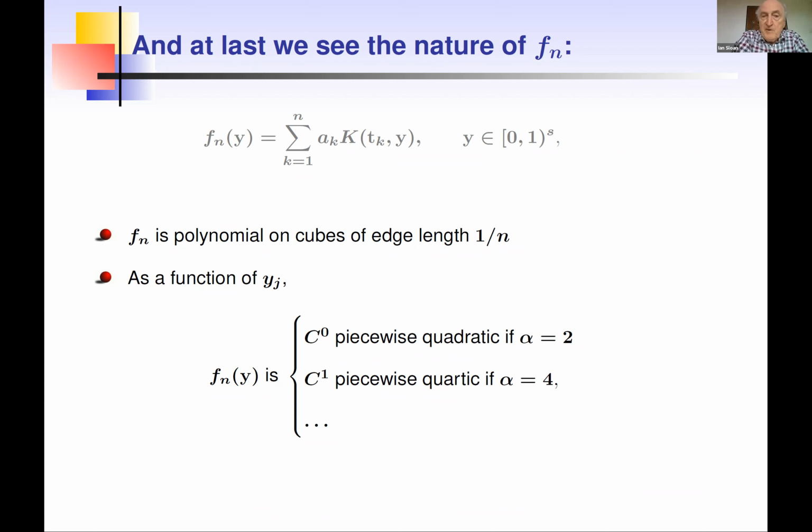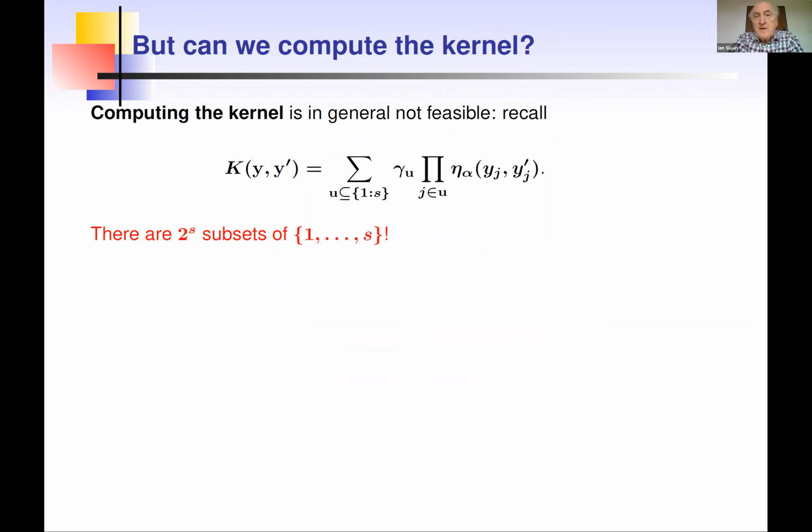As a function of yj for a particular j, for alpha equal to 2, it's a C0 continuous piecewise quadratic. If alpha is 4, it's a C1 piecewise quartic, and so on. It's useful to understand that's what we're actually getting.